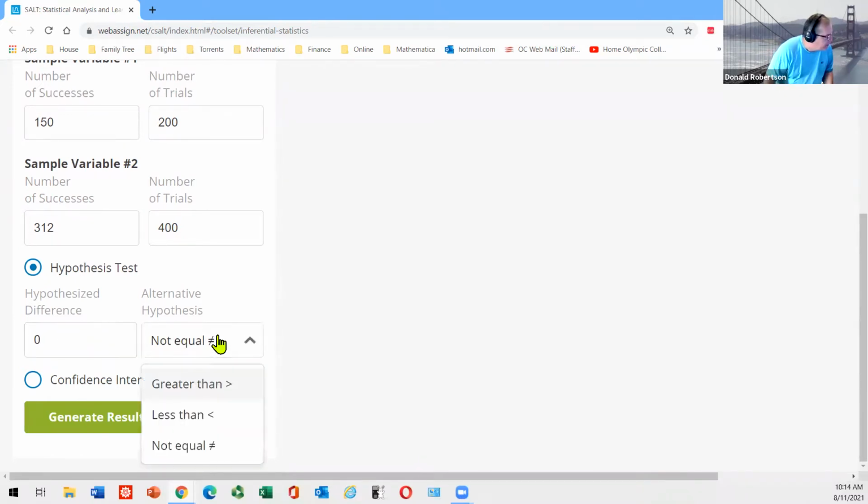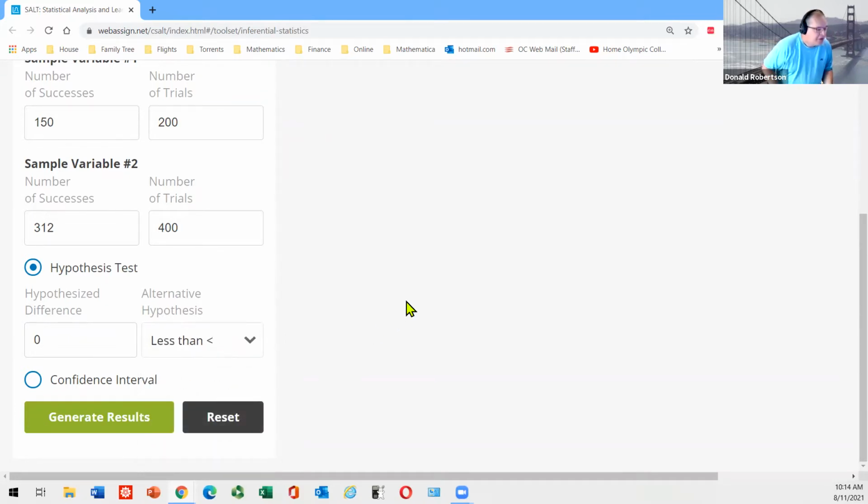And we want to find out if the first guy is actually less than the second guy. Now, the sentence said, is there enough evidence to prove that treatment B is more effective than treatment A? That's the way it was phrased. But the logic of it is, don't you have to do it in terms of the difference between the first and the second? So if the second one is better, doesn't that mean that the answer has to be less than zero? P1 take away P2 has to be less than zero. So that's why that's there.